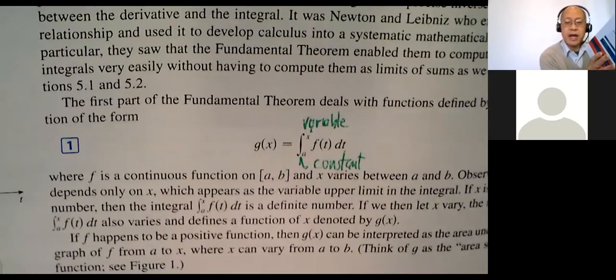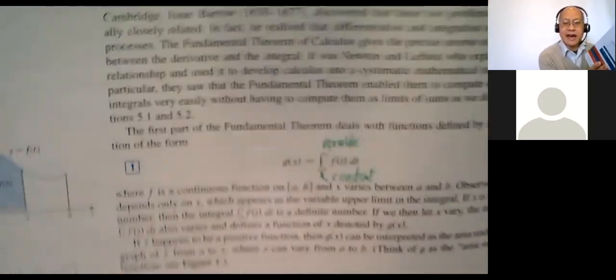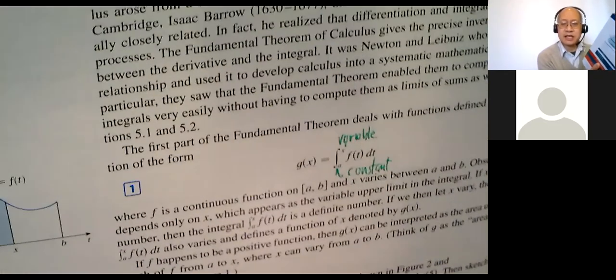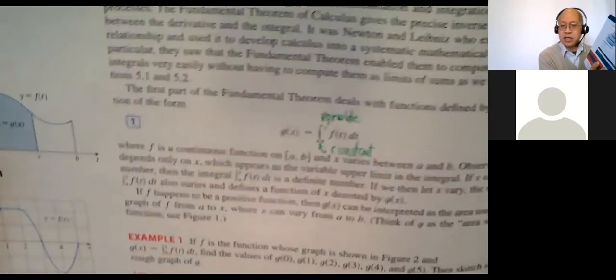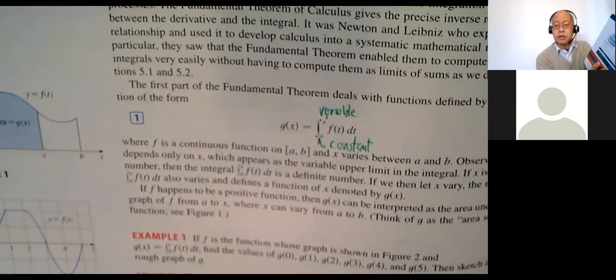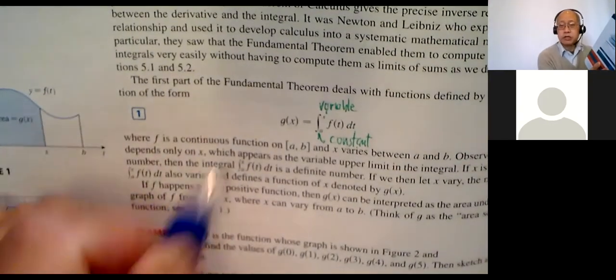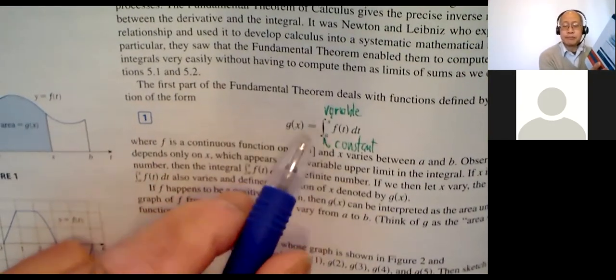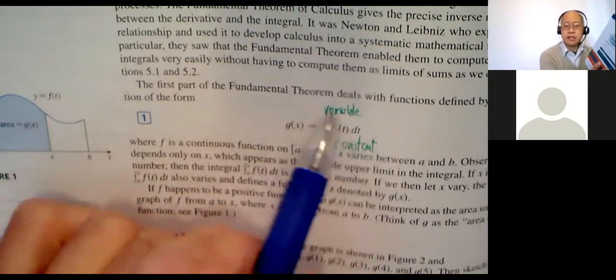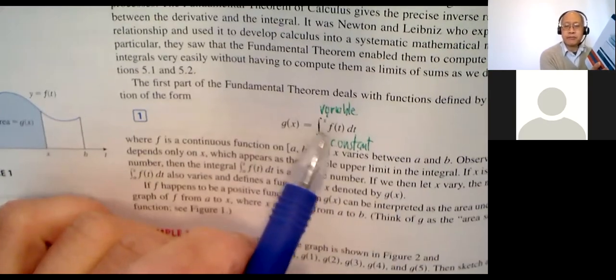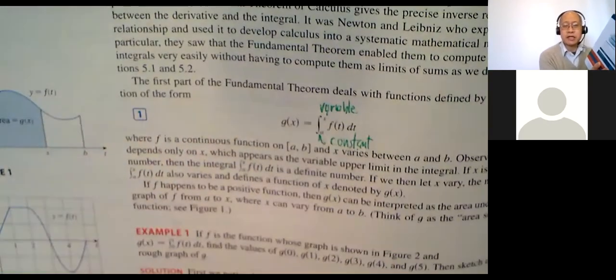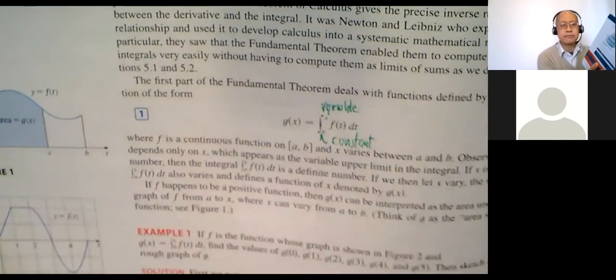Since I've already used x, I'm not supposed to use f of x dx, so they switch over to f of t dt. A mathematical principle is that once you've used up a letter, you're not supposed to reuse it in the same problem to mean something different. Since they've used up the letter x, that's why they switch to f of t dt.